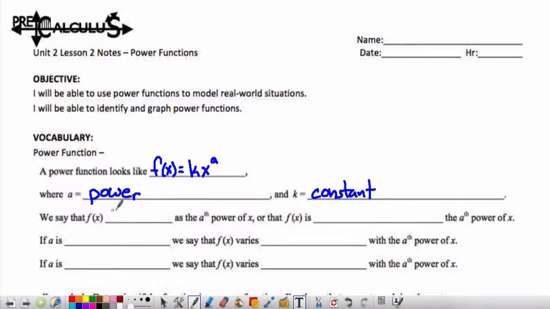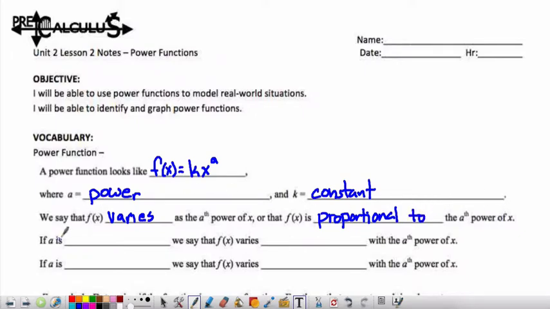So we say that f of x varies as the eighth power, so if it's like the third power, fourth power, fifth power of x, or that f of x is proportional to the eighth power of x.